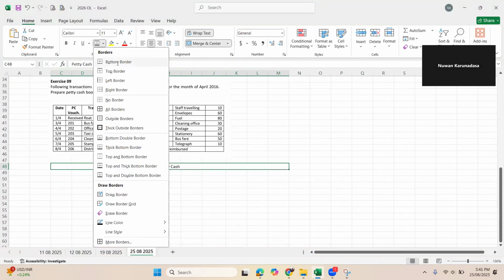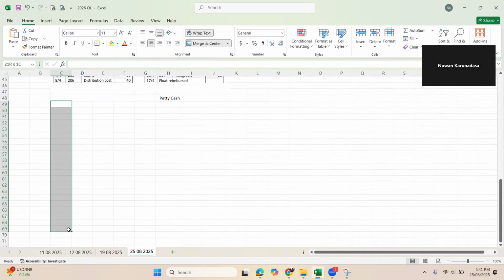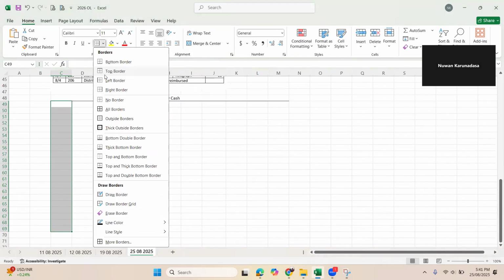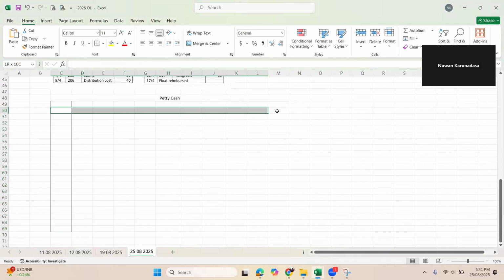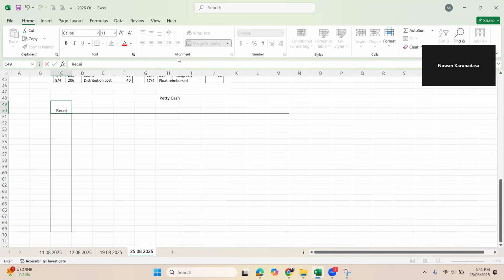So this is the debit column, that is the receipt side, receipts, then date, then here description, then payments, the payment column here.